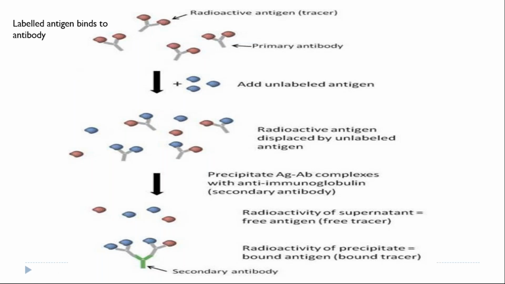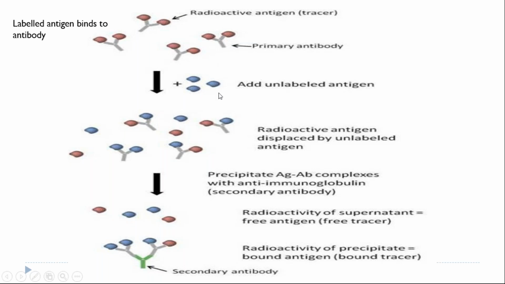Now you take the labeled antigen, which has the radioactive label in it, and you add the antibody. The antigen recognizes the antibody, so the radio label binds to the antibody. That is the known amount. You add a known amount of the radio labeled antigen to the specific antibody it binds.